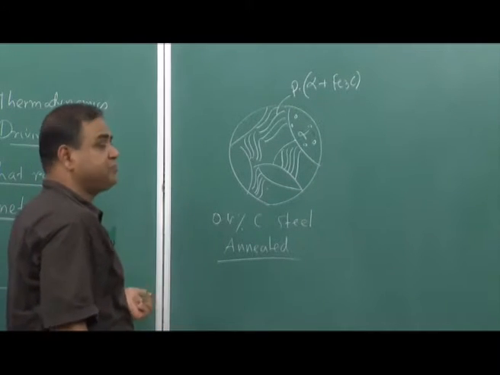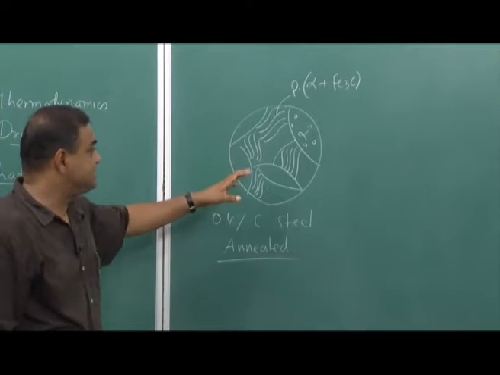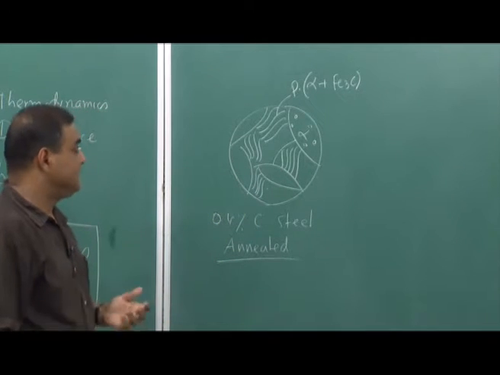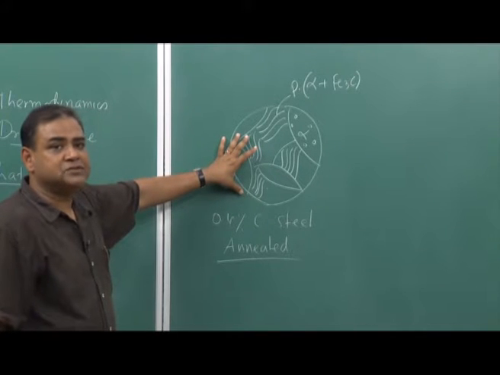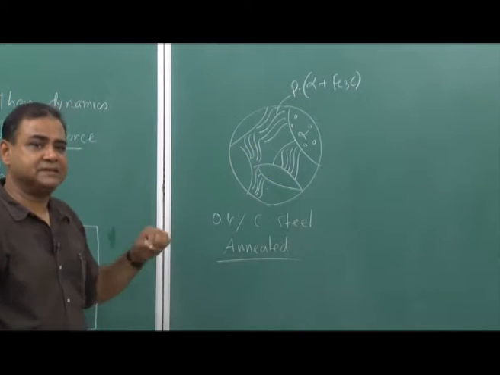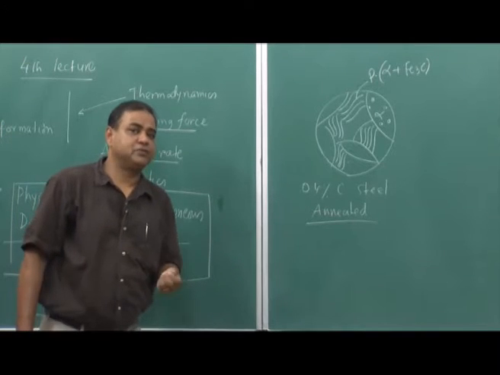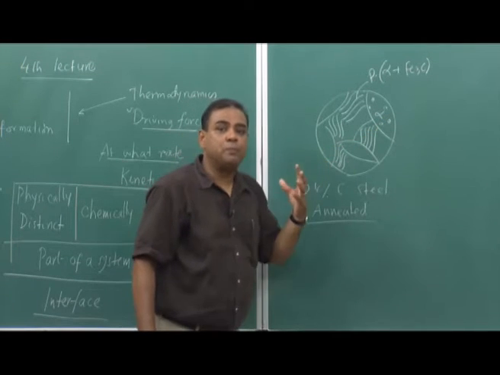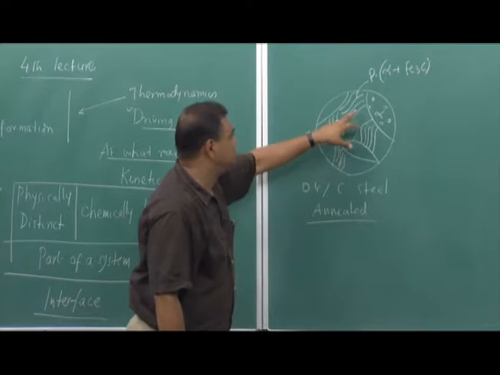Now, the first one, which is physically distinct: if we see it under a microscope, as we have discussed in previous lectures, whenever we try to see the microstructure of a steel under a microscope, we need to electrochemically etch it by a nital solution. Then we will see this kind of structure, and these phases would look bright, and the rest would look grayish.